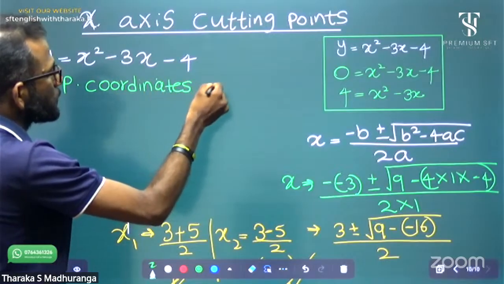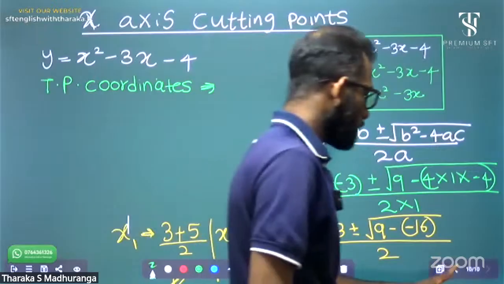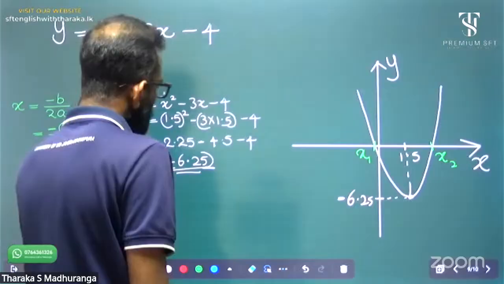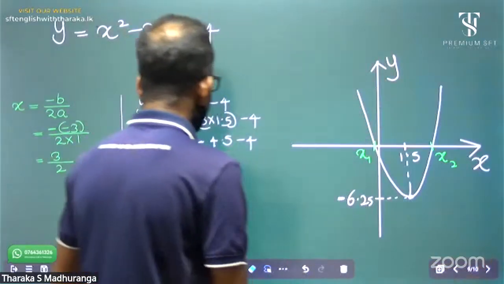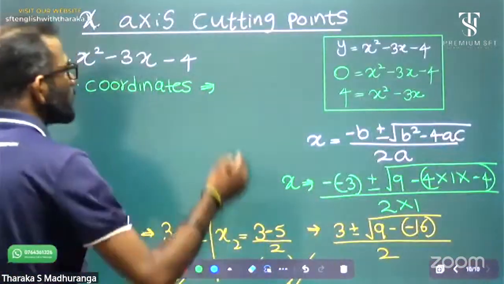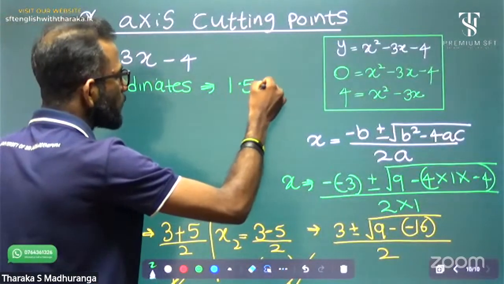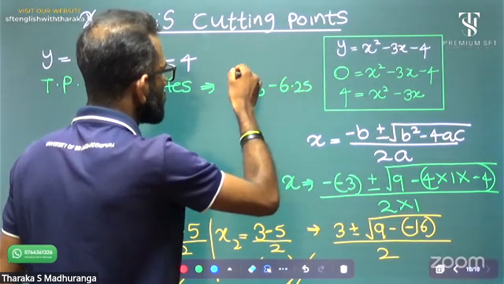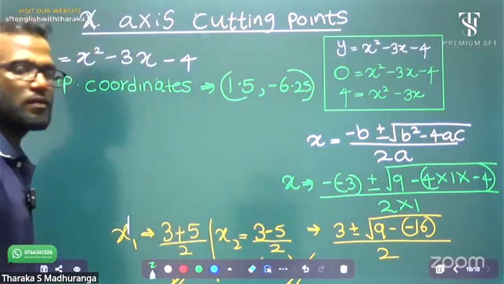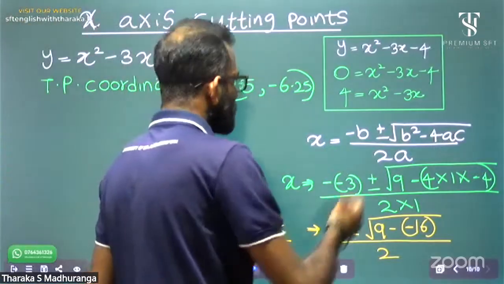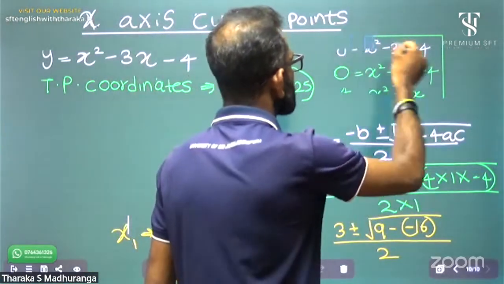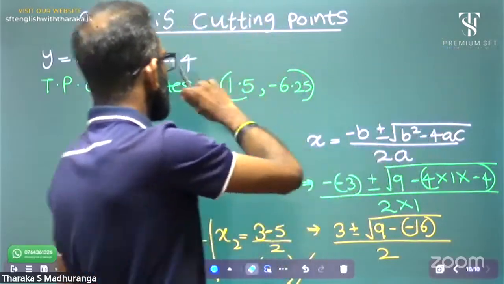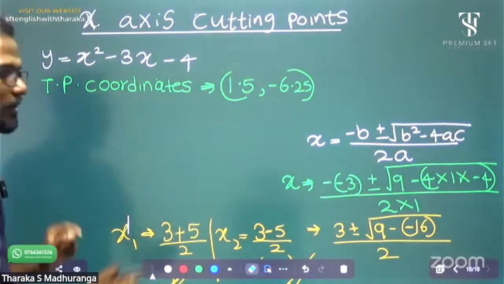In the previous question we calculated the turning point. The turning point coordinates were 1.5 comma minus 6.25. Those are the turning point coordinates. Okay, write down as the first example.